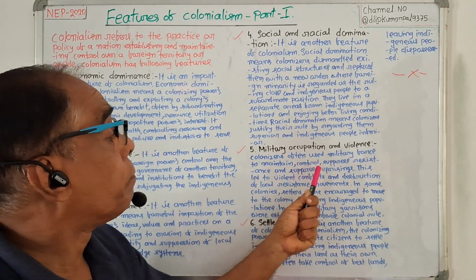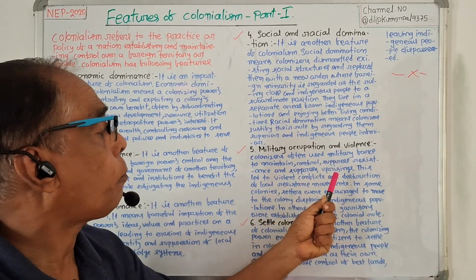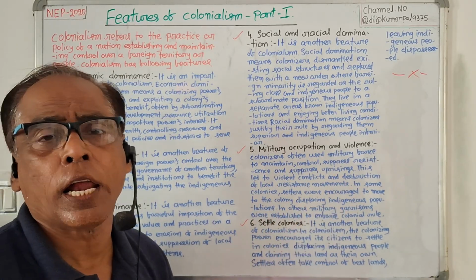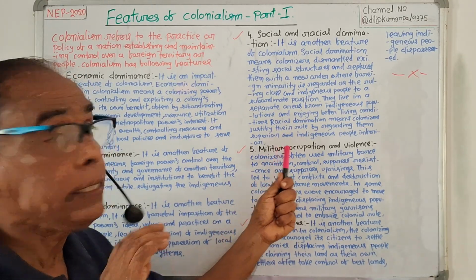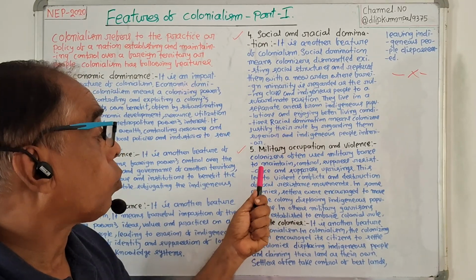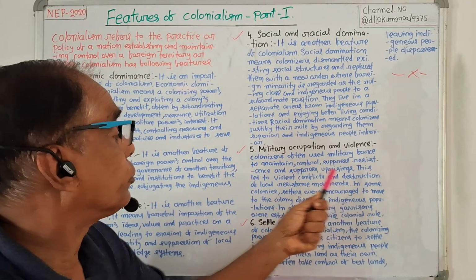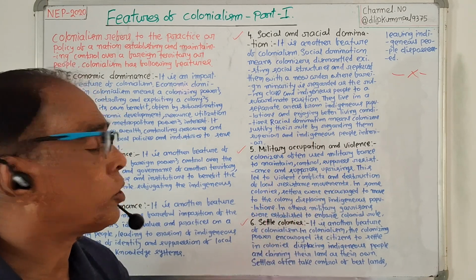Colonizers often used military force to maintain control, suppress resistance and suppress uprisings. Another feature of colonialism is military occupation and violence. It means colonizers often used military force to maintain control, suppress resistance and suppress uprisings.